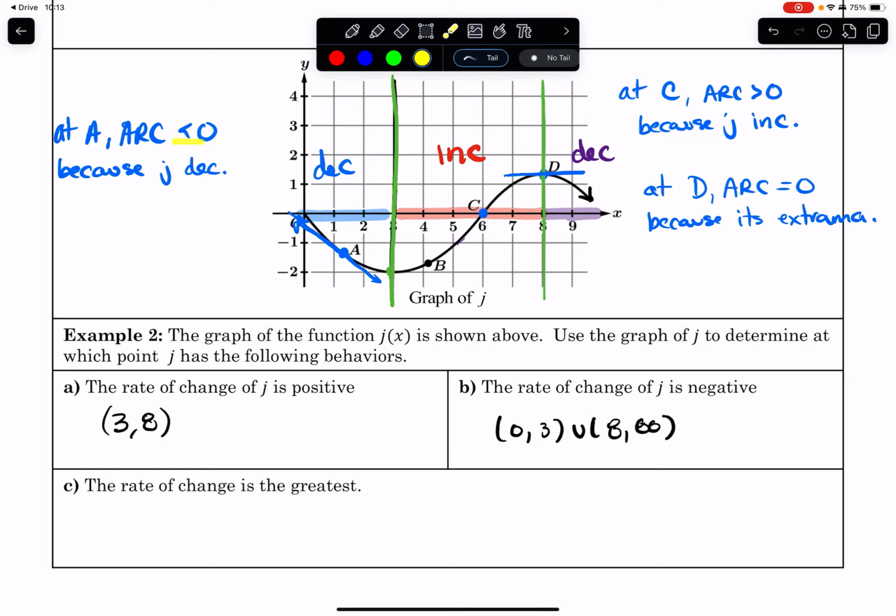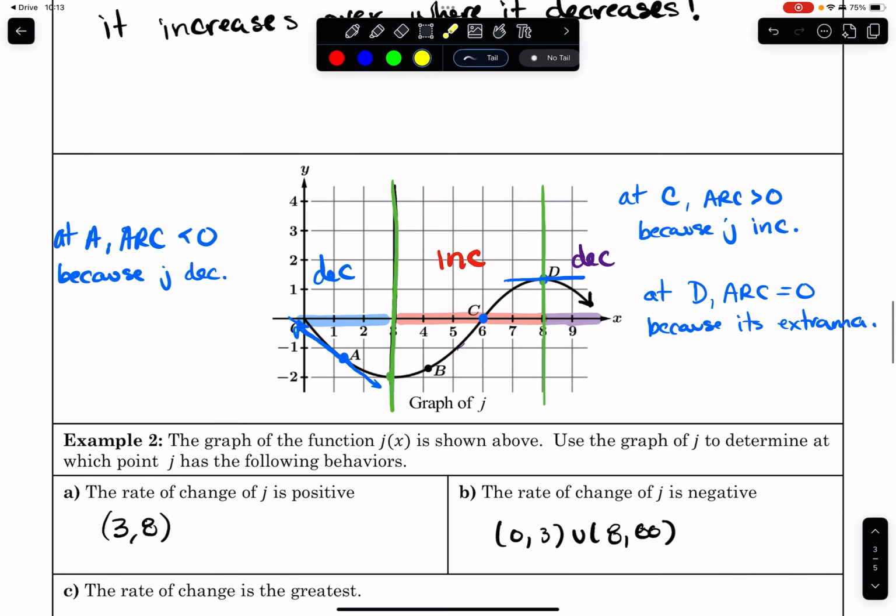And since negative numbers are smaller than positive numbers, I know this one is going to be bigger than A. So whatever the average rate of change is right here for C, that's going to be bigger than whatever this number is over here at A. And since a positive number is bigger than 0, obviously this could be just 0.1. 0.1 is automatically bigger than 0.